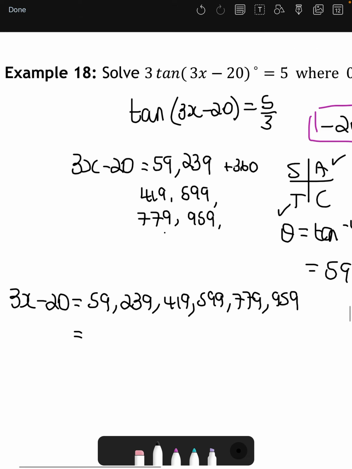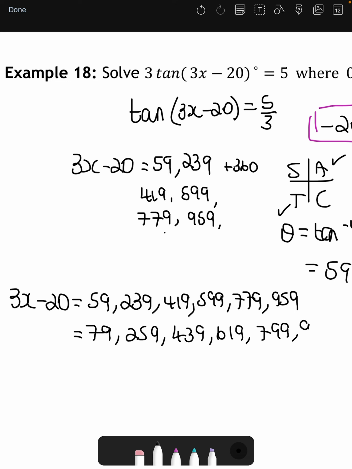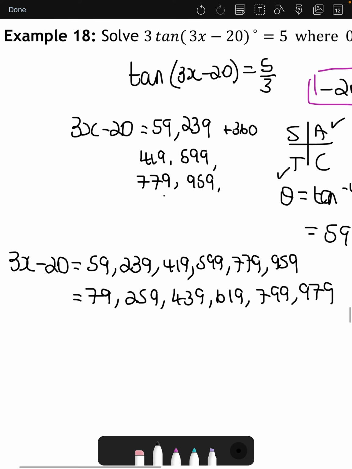Okay, so now we need to actually figure out x. So first thing we're going to do is we're going to add on the 20, get rid of that minus 20, add it on. And then we're going to divide by 3.